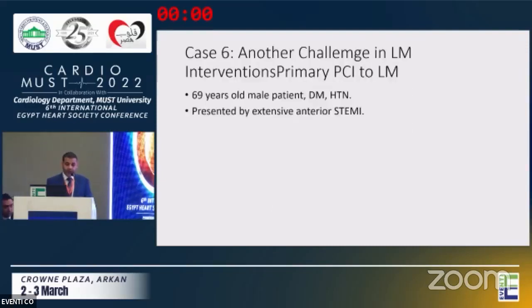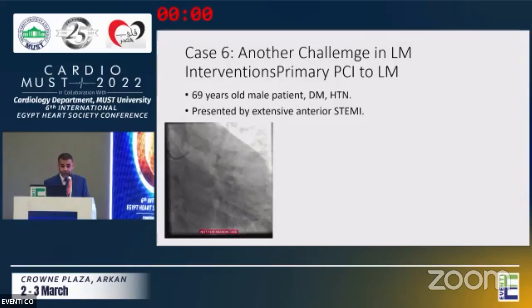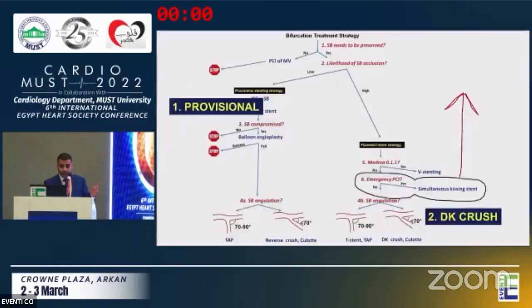Another challenging case, and this is very important. When you have, it's not common, but we have seen it a lot, a primary PCI for a left main containing thrombus, what to do? According to the previous slide, here the algorithm recommends simultaneous V stenting.